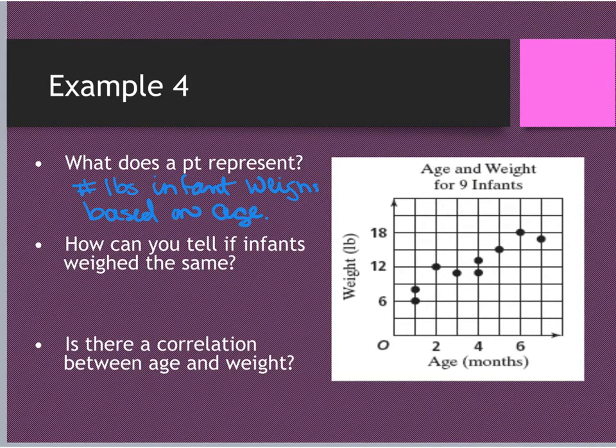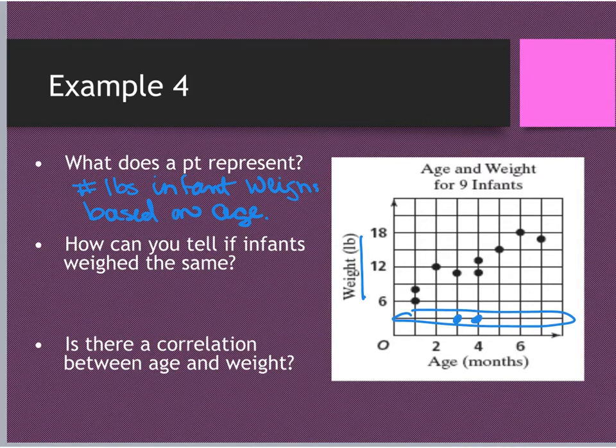The second part says, how can you tell if infants weighed the same? Well, you can tell because my y-axis is my weight. Therefore, I'm looking for anything that appears on a horizontal line. So if I had a point here and a point here, these tell me that those two infants weigh the same.